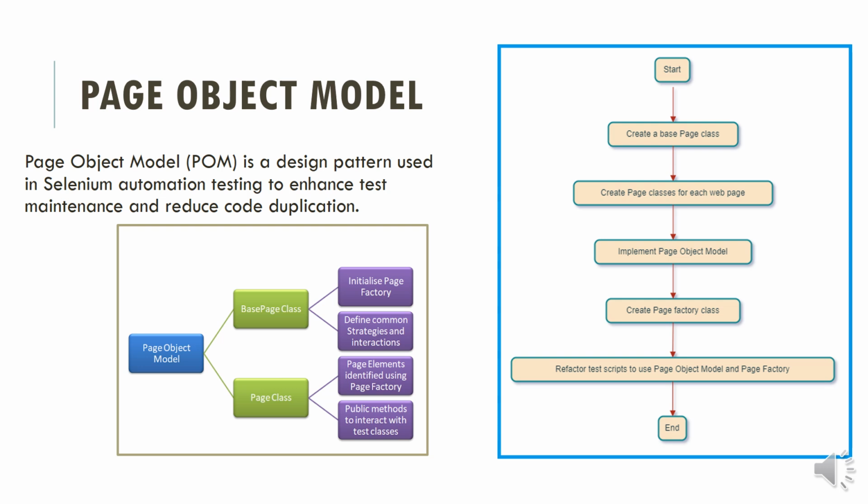Each page class will extend the base page class and will have all the elements that are identified with the page defined in it, and then there will be public methods to interact with the test classes.